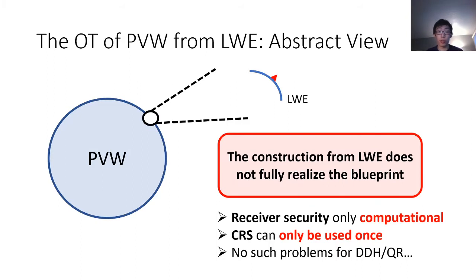So in particular, the security of the receiver in the PVW construction from LWE is only computational, regardless of the mode, and the CRS can only be used once for security. As soon as you use the CRS in two different protocols, all bets are off. And the very strange thing about this is that we don't have those problems at all in the constructions from DDH and QR.